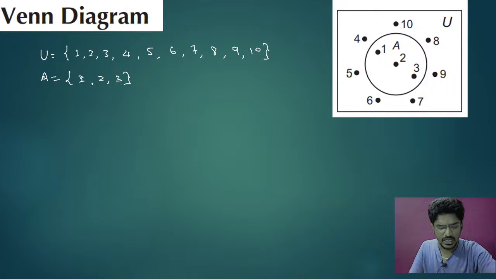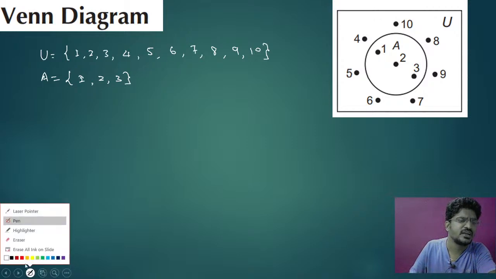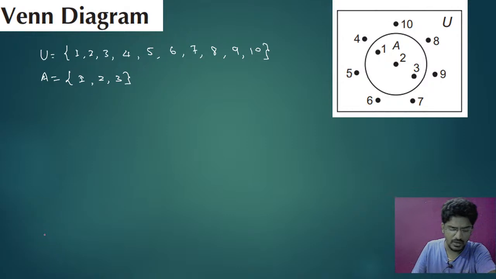So in this Venn diagram set A contains 1, 2, 3 and the universal set contains the remaining elements, that is 4, 5, 6, 7, 8, 9 and 10. Clear? From this you can understand that the diagrammatical representation of a set is called a Venn diagram.